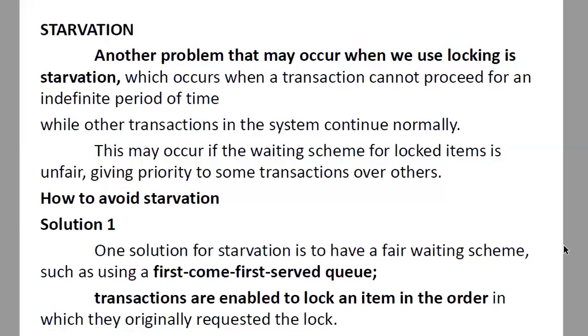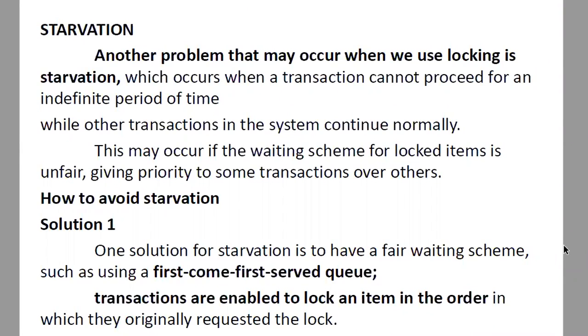Solution one, we allocate some scheme, like first come first served. Maybe you would have studied first come first out in operating systems. Similarly here, you can fix a scheme, a first come first serve queue. That means whichever transaction comes first will be served first.